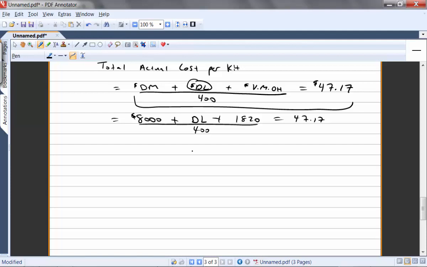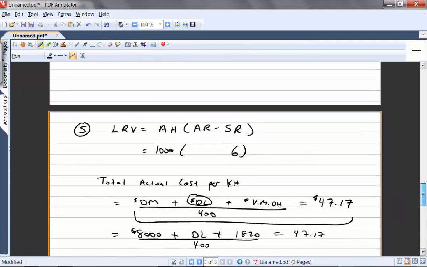Right? So that means that DL equals 47.17 times 400 minus 8,000 minus 1,820. So what we actually spent for direct labor is $9,048.